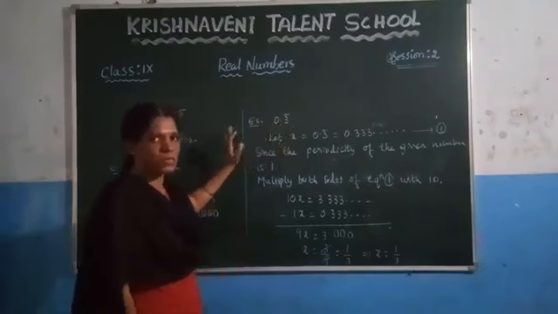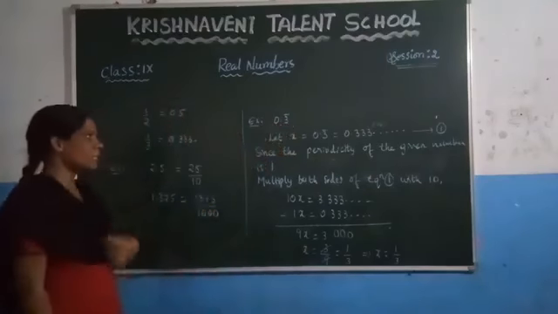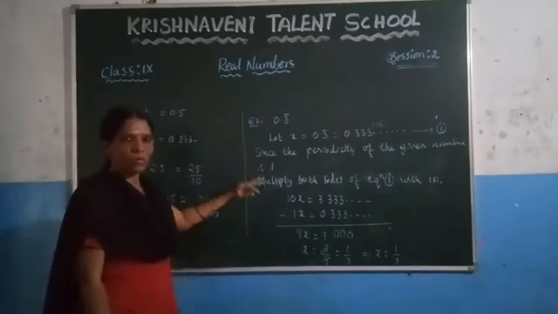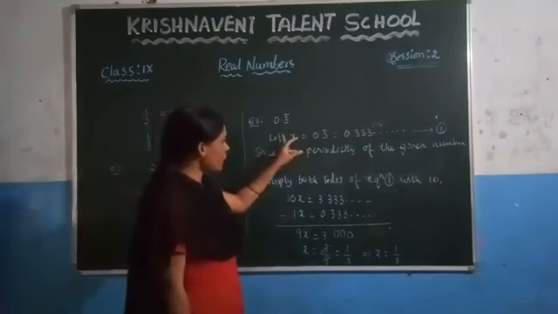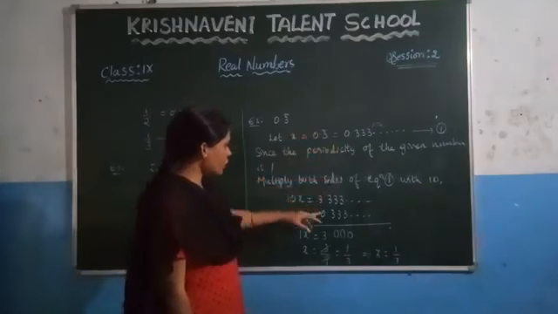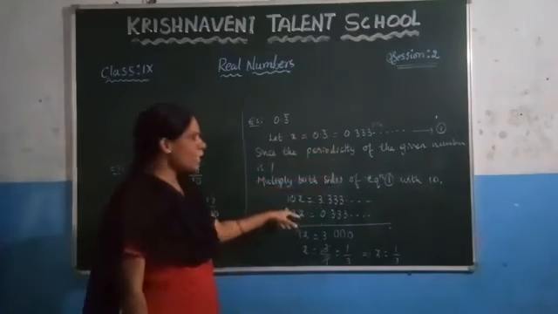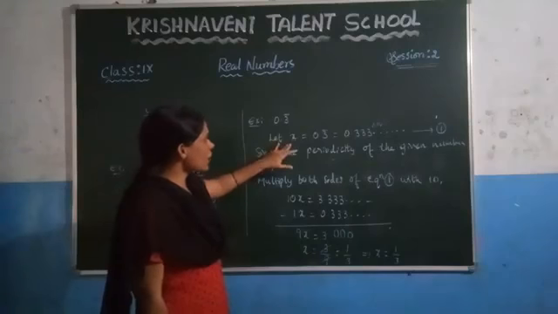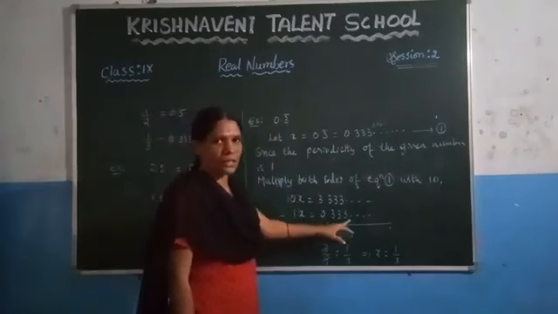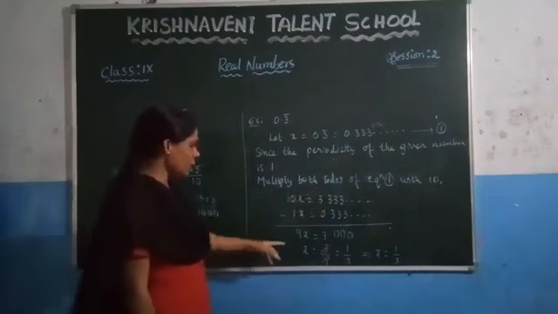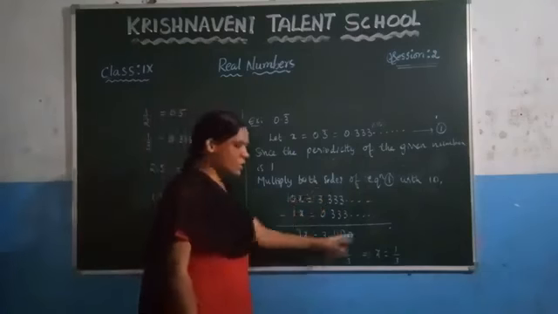If the periodicity is 1, multiply with 10, and if the periodicity is 2, multiply with 100, like that. After that, multiply with 10 on both sides. After multiplying you get this value, and then subtract the given number. What is the given number here? 0.333. After subtracting, you get the value of x as 1 by 3.